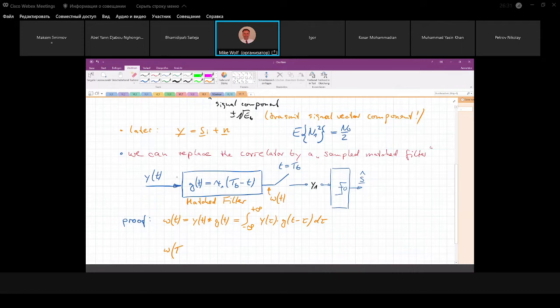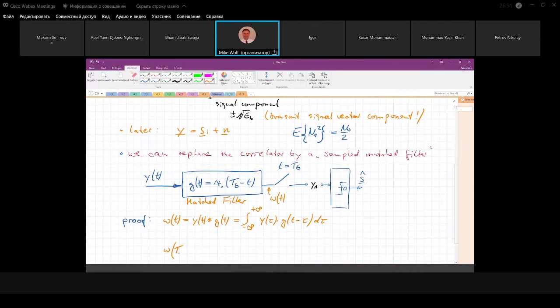We do not transmit just a single bit, we transmit a sequence of bits. Then we sample with every TB, 2 TB, 3 TB, 4 TB, and so on, with every modulation step. So we will use this later.